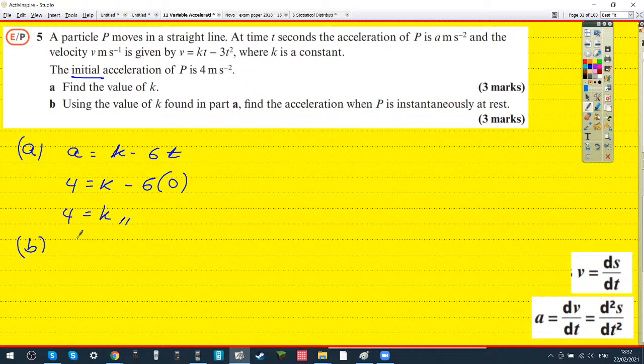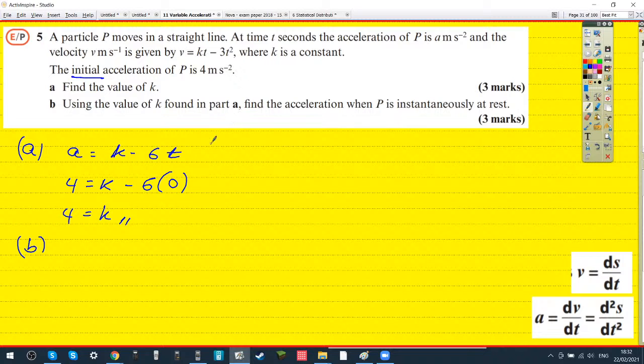Do I do 0 equals to 4 minus 6t? That would be when the acceleration is 0. We're trying to find acceleration. I'm not sure.